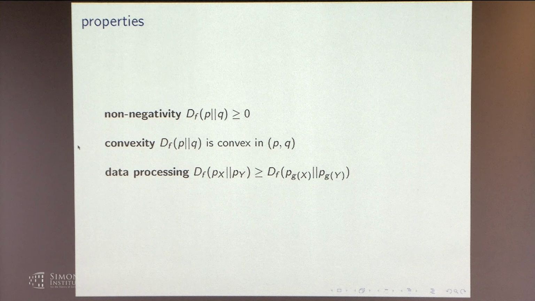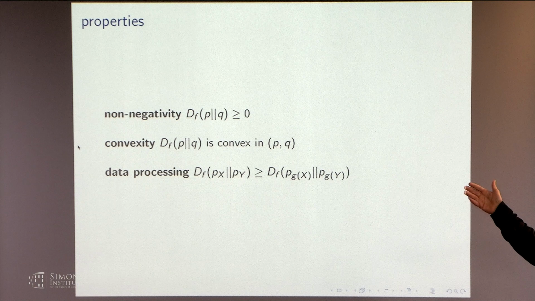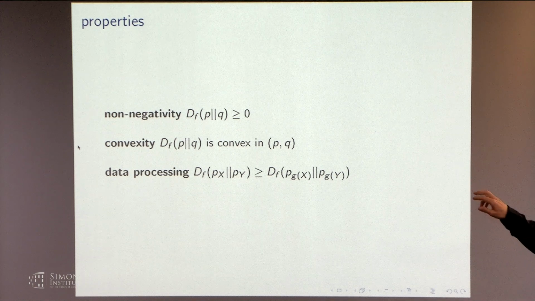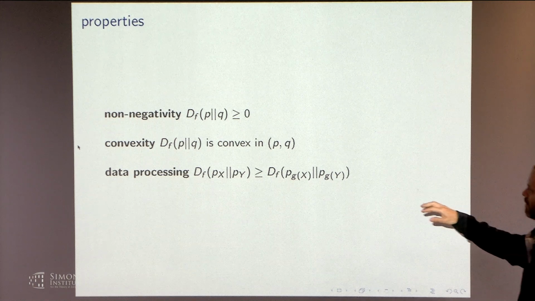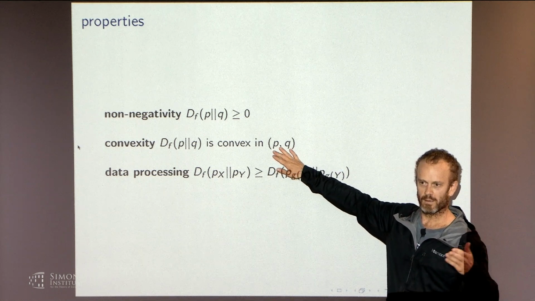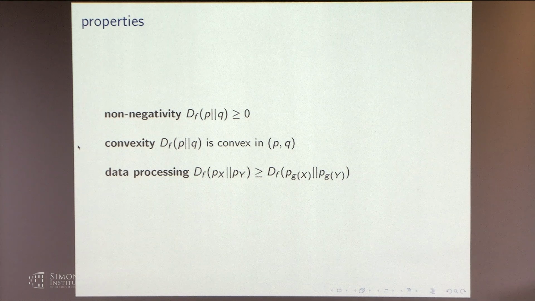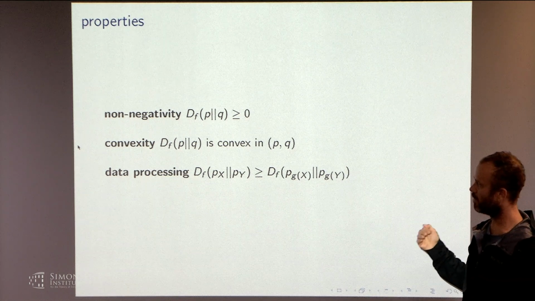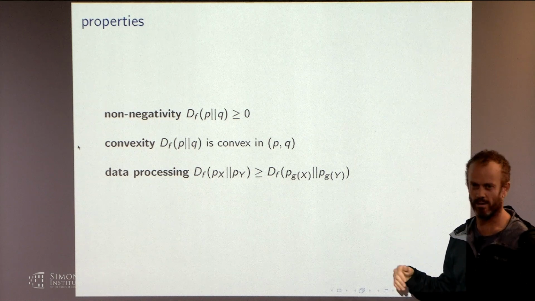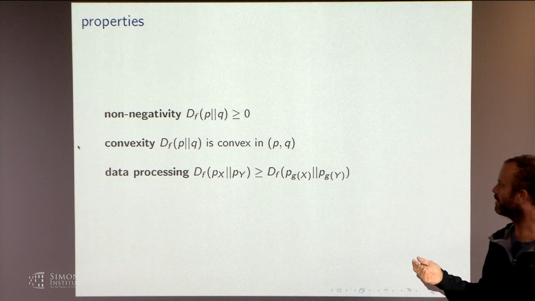The properties this definition comes with are 3 simple properties. One, it's a non-negative number, which is pretty good for a distance. Second, because f is convex, this function is convex. Abstractly, this is just some point in some space, and it's convex in this input. The last property, which also holds by convexity, is what is called the data processing property.